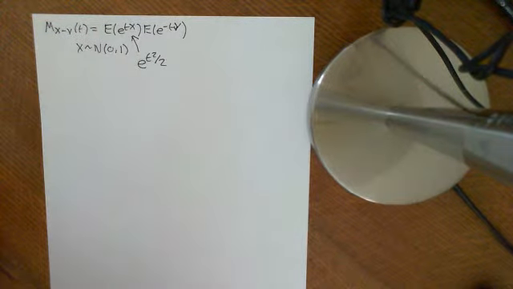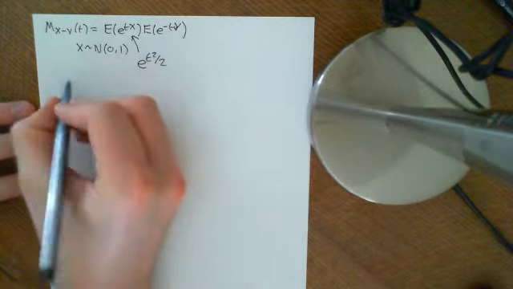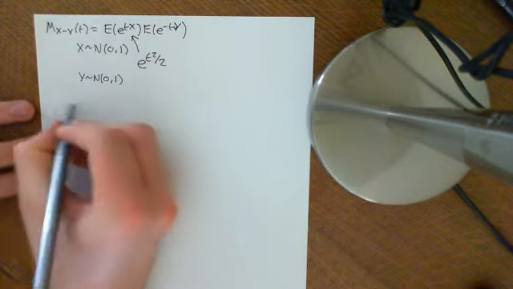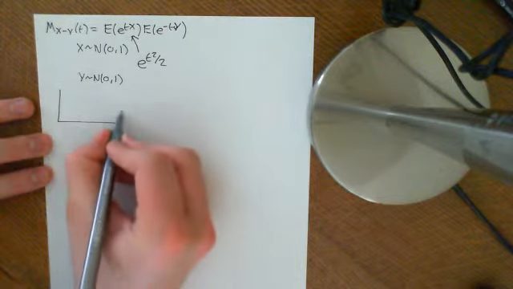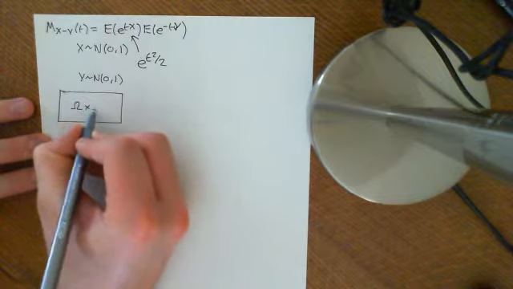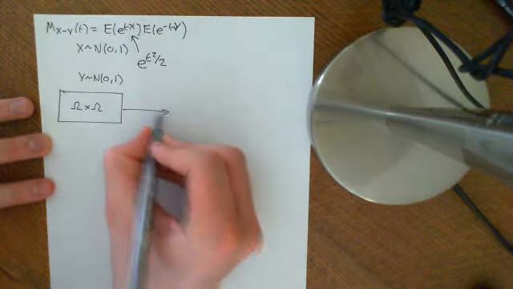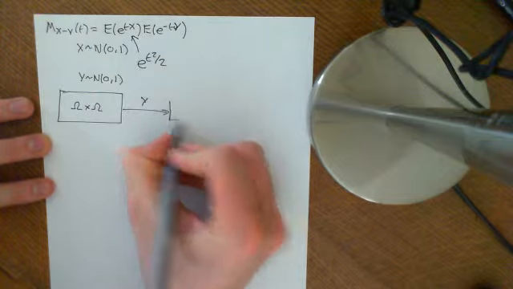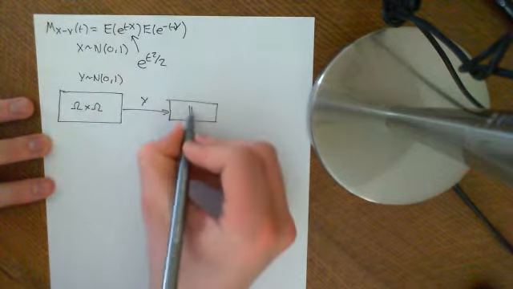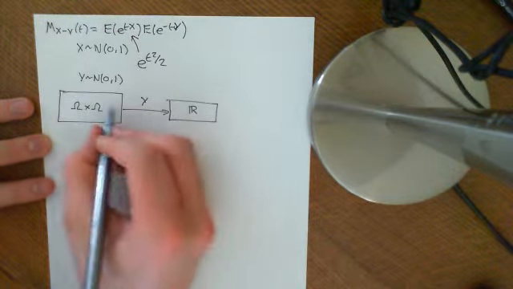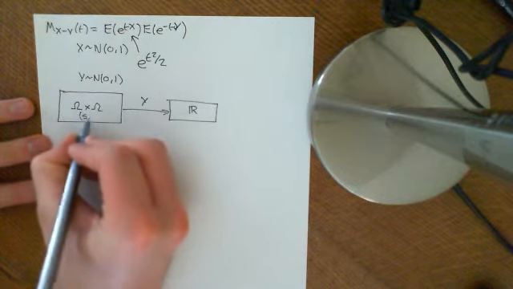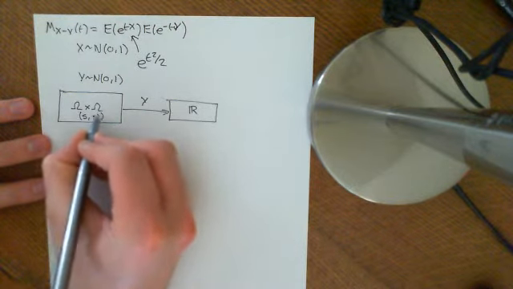Okay, so now let's look at this one here. We have to remember that y is normally distributed with mean 0 and variance 1. So what did that mean, remember again? We had this new probability space which was omega cross omega, and y was a random variable ascribing to each of these outcomes a real number, and of course it wasn't one-to-one in the slightest, because this was taking any outcome, let's say s prime, and it was only depending on what s prime was.